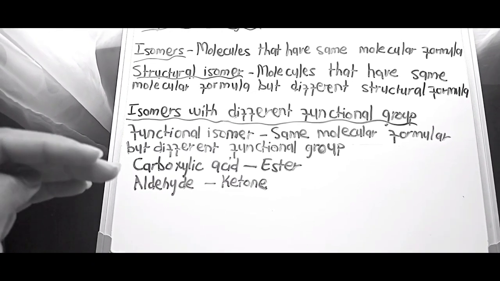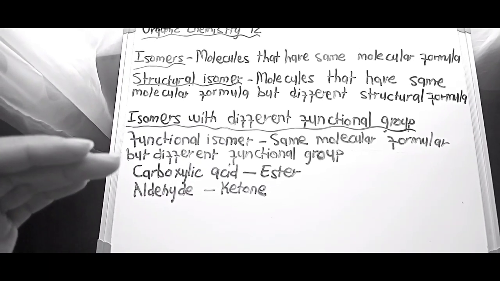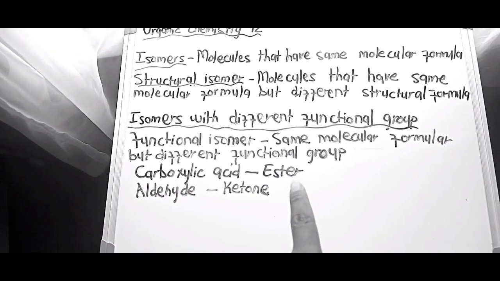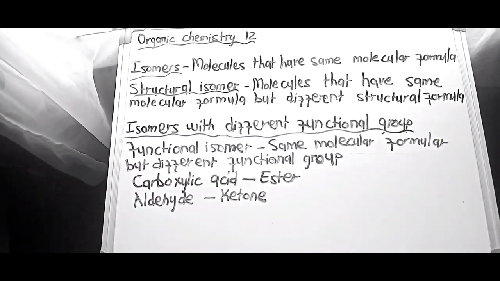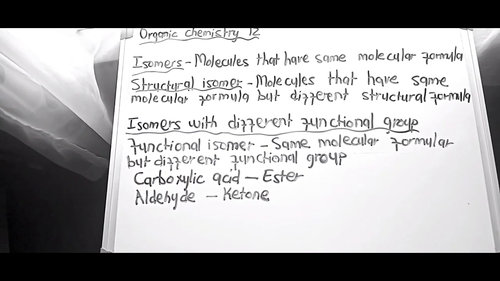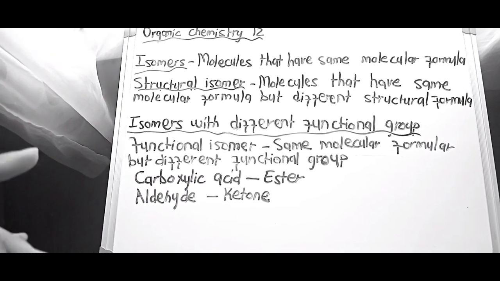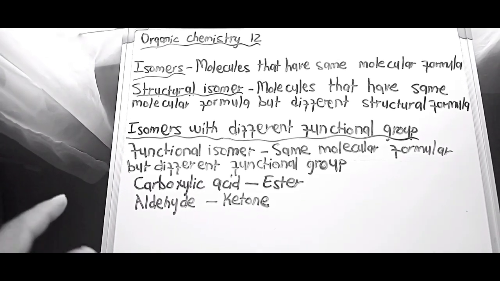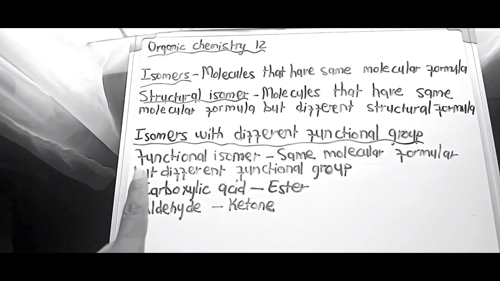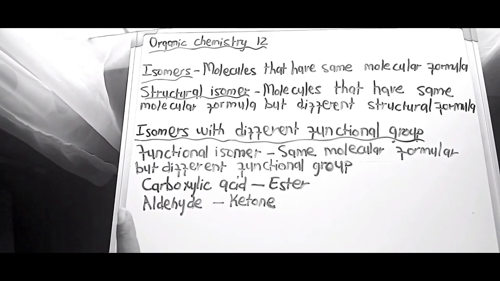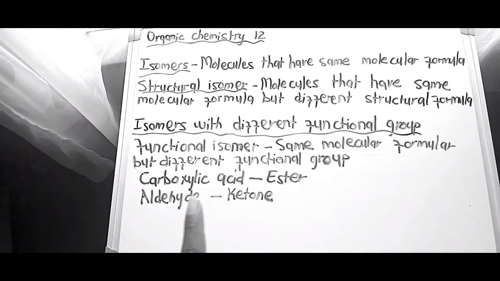The functional isomer of carboxylic acid will always be the ester. Please do not write the alcohol, or you are contradicting yourself. The functional isomer for the carboxylic acid is ester. The functional isomer for the ester is carboxylic acid. And also, the functional isomer for the aldehyde is the ketone.